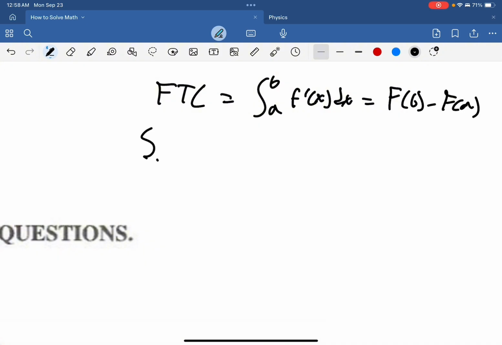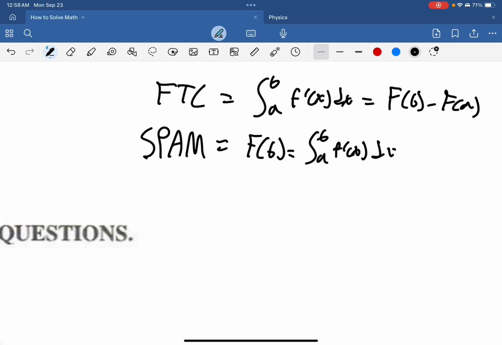And SPAM, well, I should probably write that in capital letters. SPAM tells us that f of b is equal to the integral from a to b of f prime of x dx plus f of a.